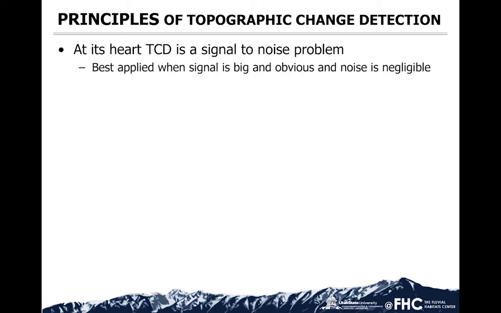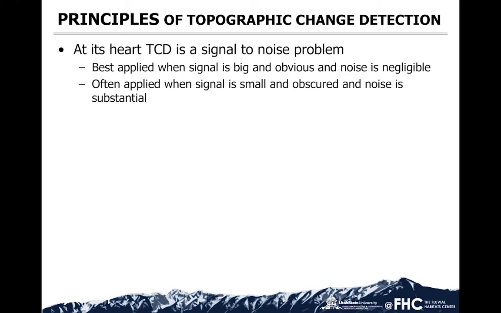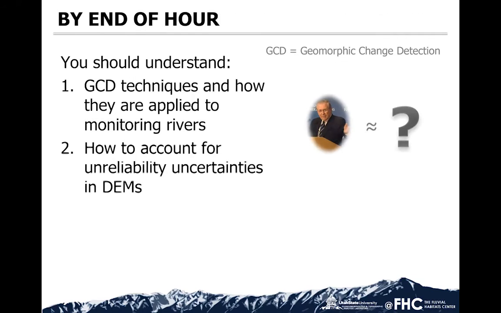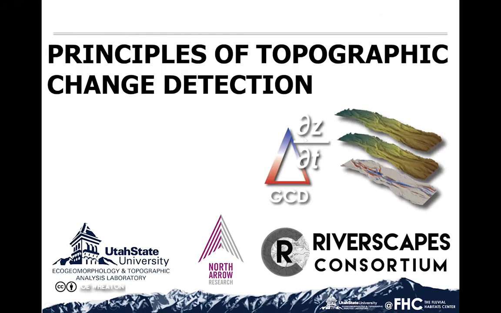As I mentioned yesterday, this topographic change detection problem is easiest when it's applied to a big obvious signal, and the noise is not a big deal. But for some of us, that's often not the case. And one of the things that I won't mention again this morning, but is absolutely fundamental in this, if I go back to this little guy, is time.